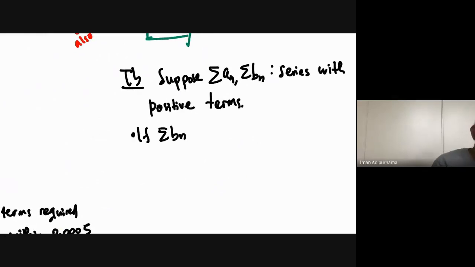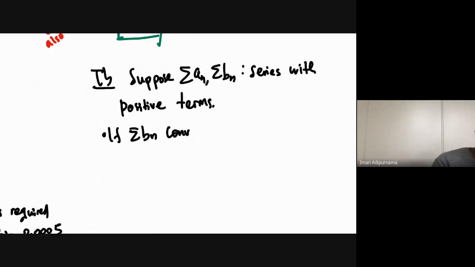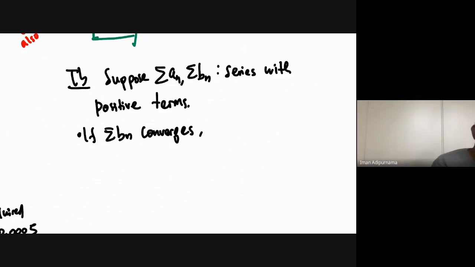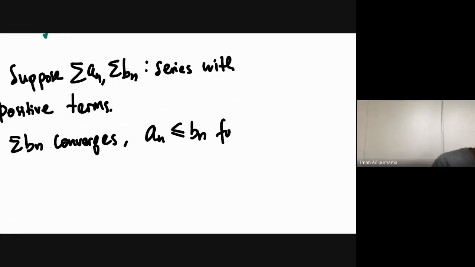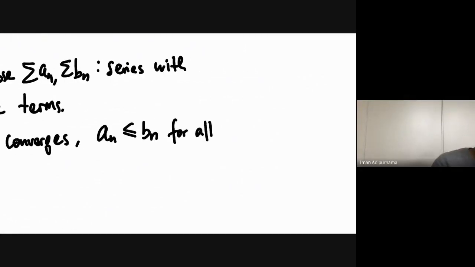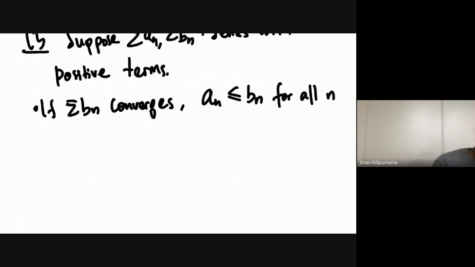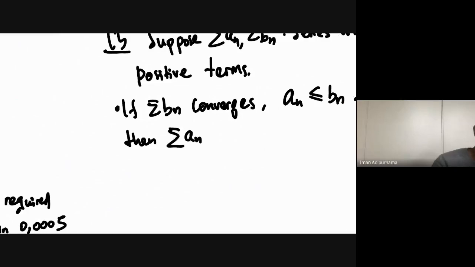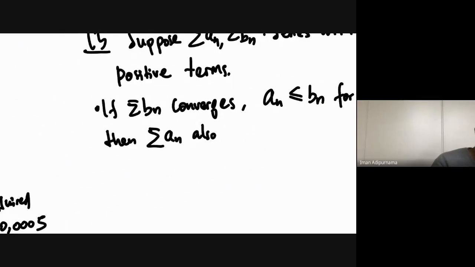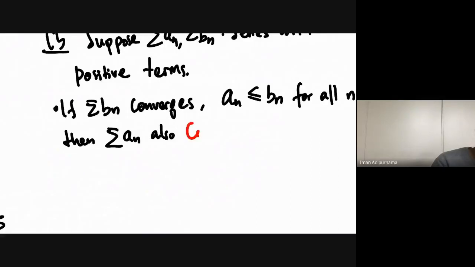If bn converges and an is less than or equal to bn for all n, then an also converges.